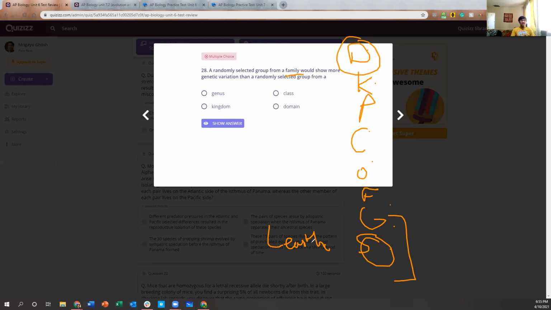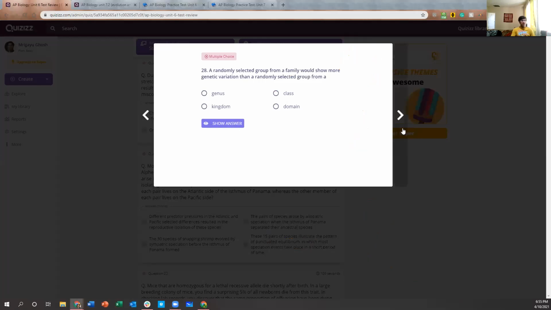It's less inclusive, so it would have less variation. The higher up you go, the more variation. Think about all the variation in the eukaryote domain, right? So that's why this would probably be genus, because genus is below family. And we probably don't need to know this for this test, but I think it's nice to go through these questions.